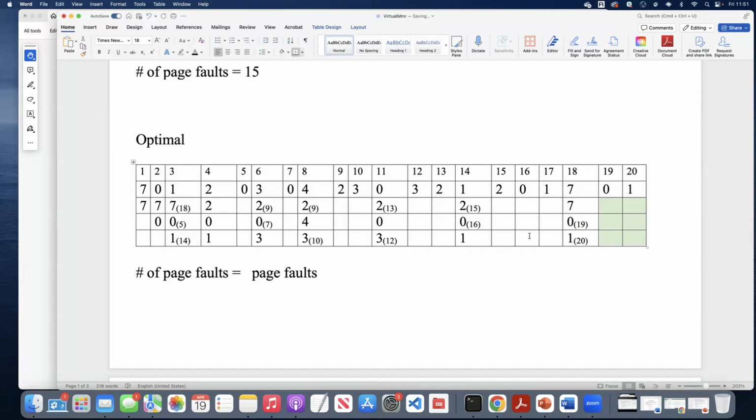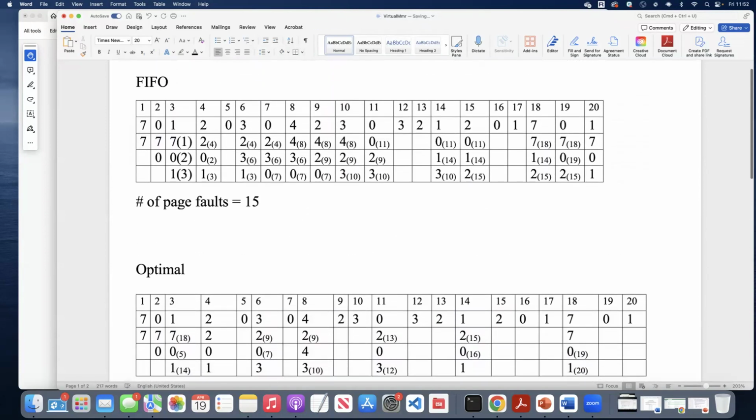So now this is the optimal page replacement. Now let's count the number of page faults. 1, 2, 3, 4, 5, 6, 7, 8, 9. So now we have 9 page faults.